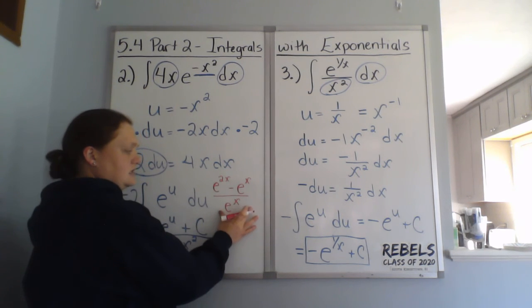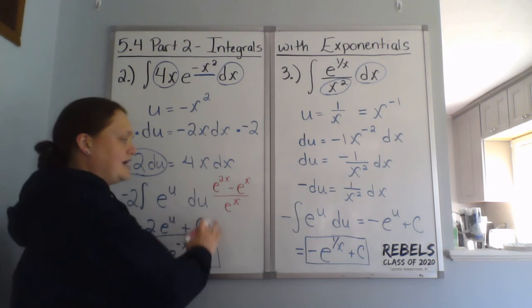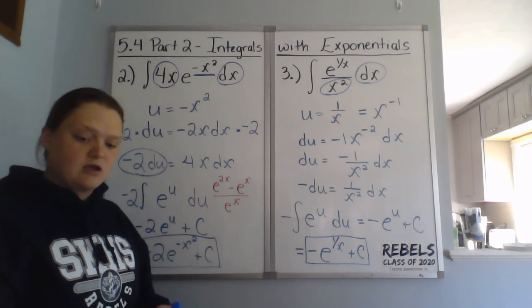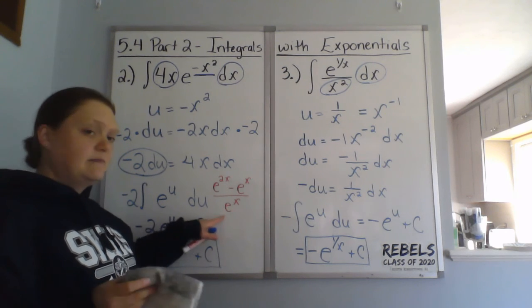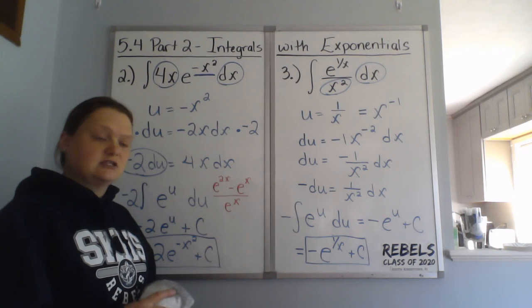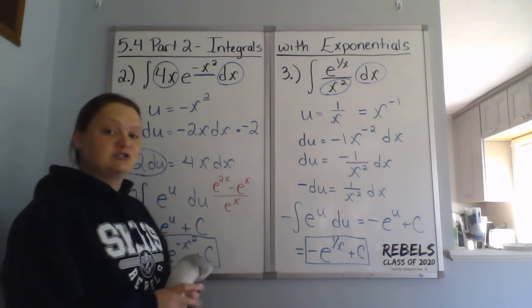If you saw this in an integral, you could still do those simplifying steps and then think about how to find the antiderivative from there. Problems like this may still pop up, but you should know how to do that algebra to simplify before finding an antiderivative. So there's example 2 and example 3.